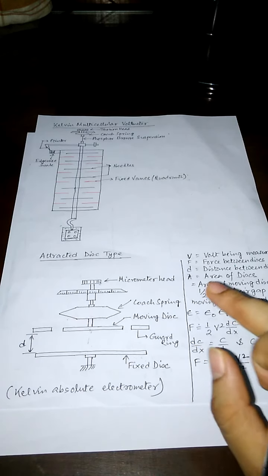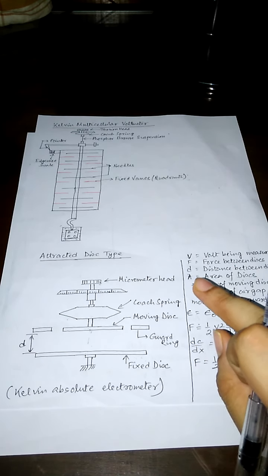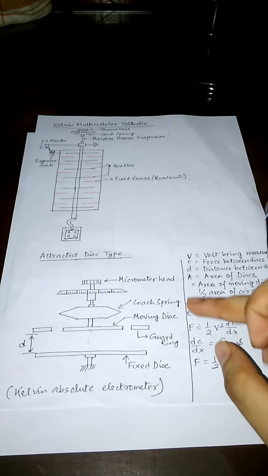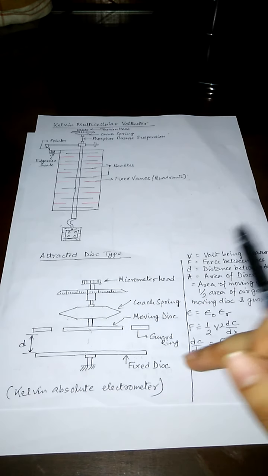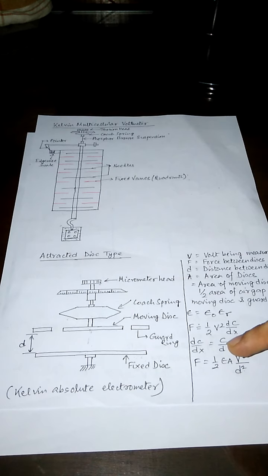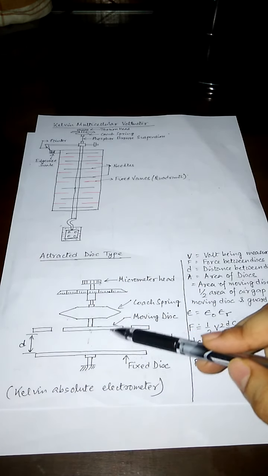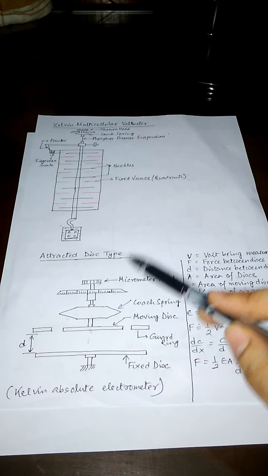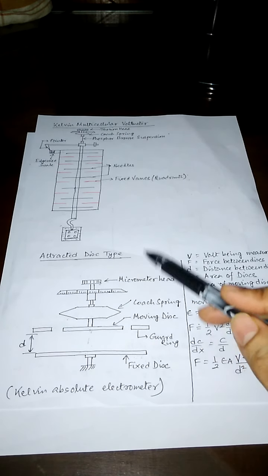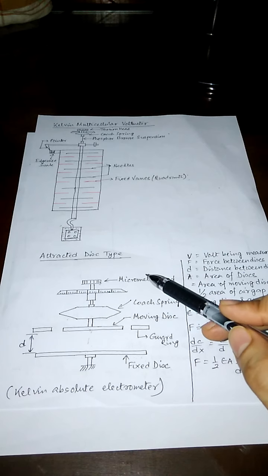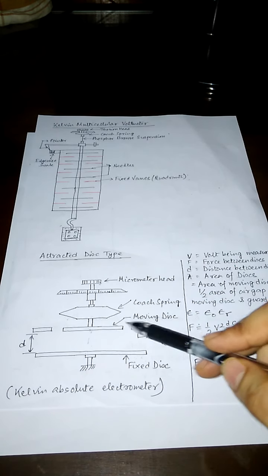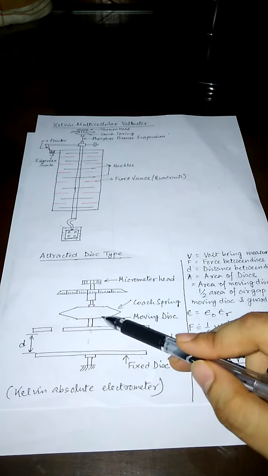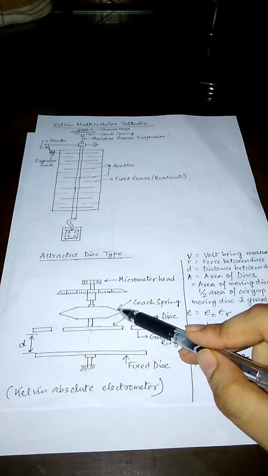In modern developments, the working parts of the instrument can also be provided in a highly evacuated chamber. Why a highly evacuated chamber? We know that the dielectric strength of a high vacuum is superior with respect to air.